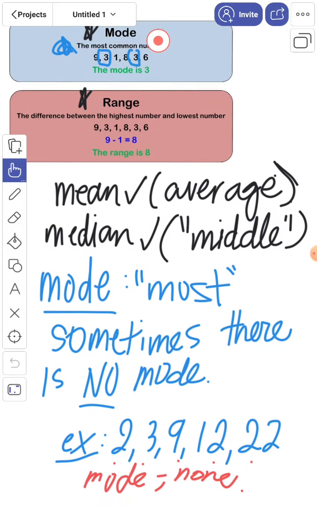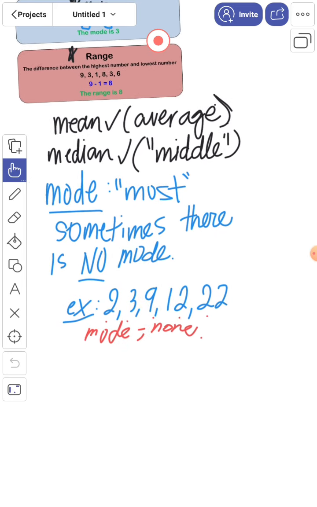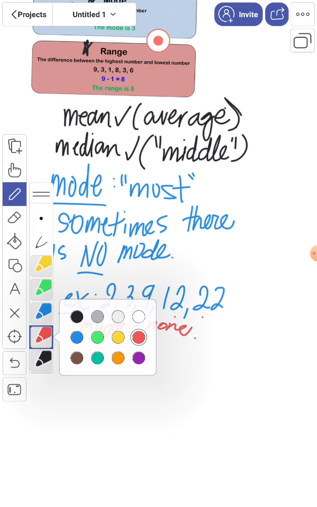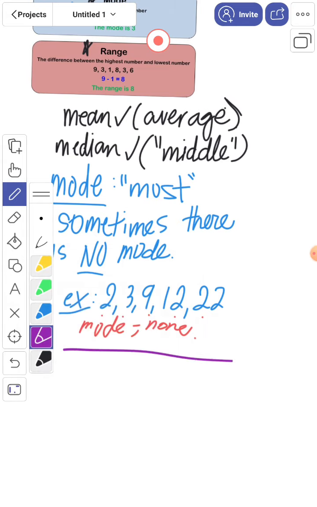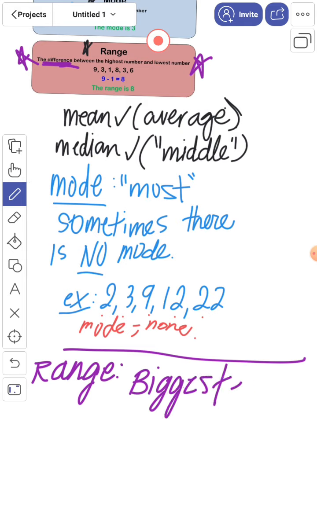And so now, let's talk about range. Let's do purple. I like purple. Okay, range. Range is literally just going to be subtraction. It's the difference between the biggest number and the smallest number. Write this down right here: biggest minus the smallest.